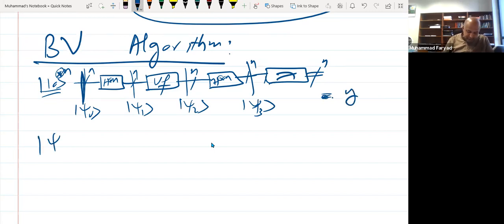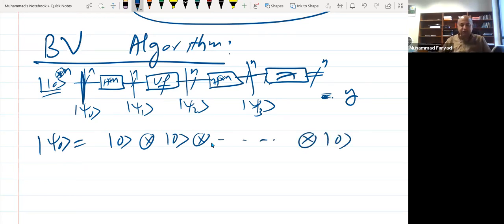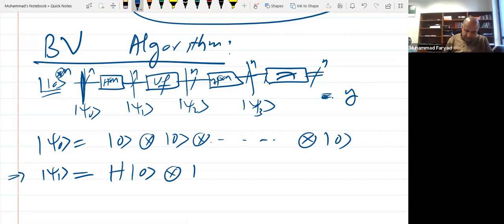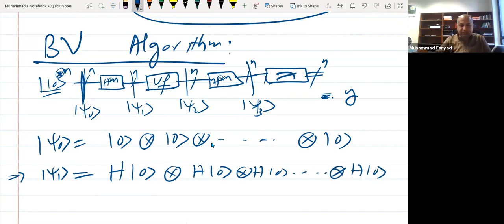Okay, so psi naught, as we saw yesterday, is this tensor state of all qubits in the 0 state, and psi 1 is nothing but the Hadamard on each of these individual qubits.